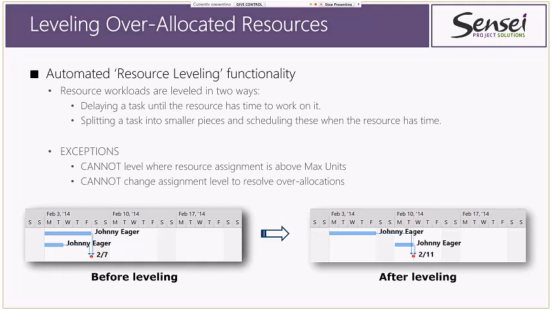So if you have assignments that are above max units, it will not level those resource assignments. It will not change the assignment level to resolve over-allocation. So it won't bump that percentage up or down. Okay, that's also not done here.